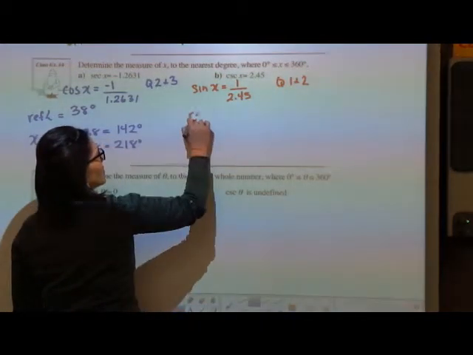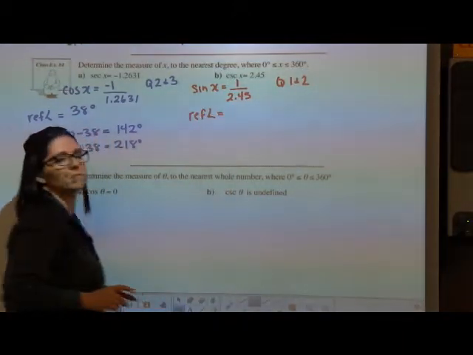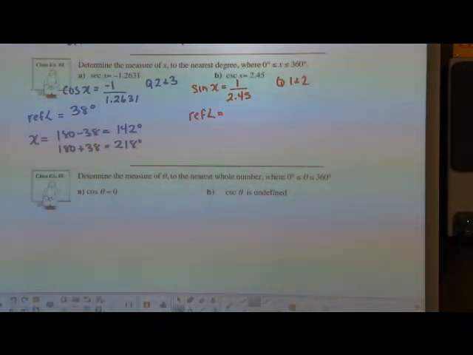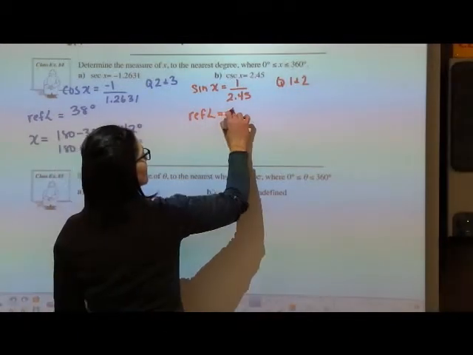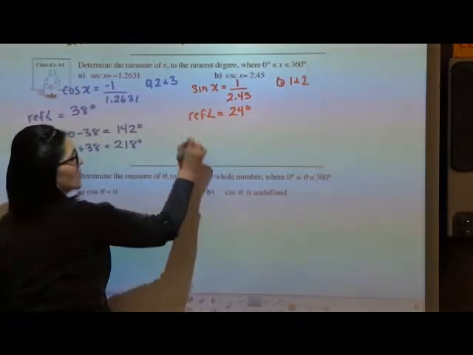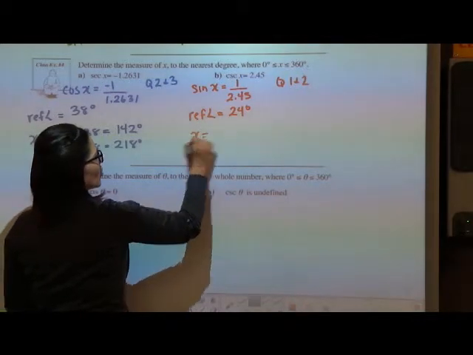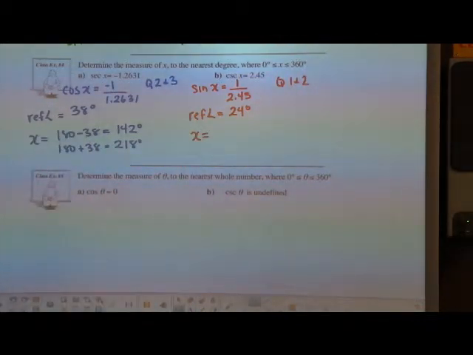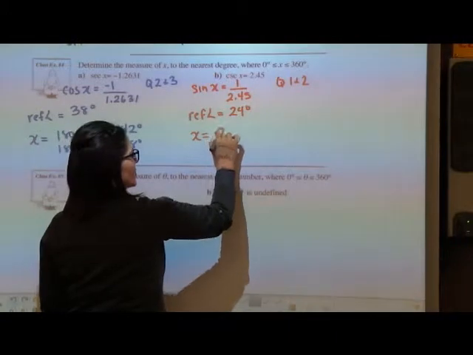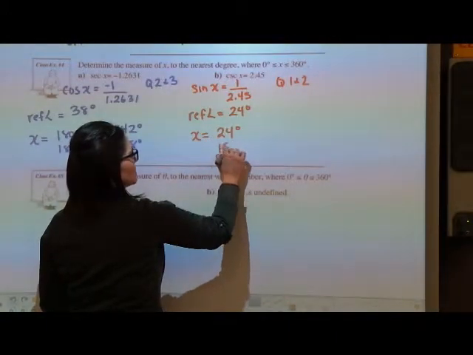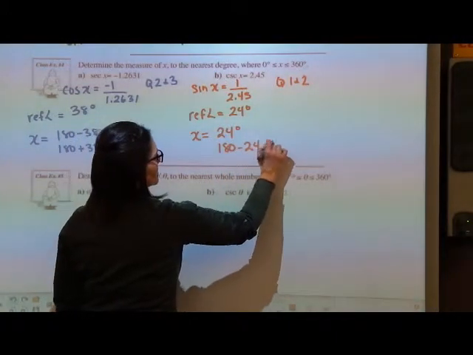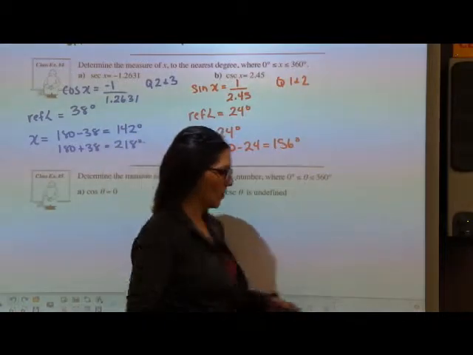My reference angle is what? 24 degrees. So then angle x in quadrant 1 would be 24 degrees, and in quadrant 2, 156, because I would subtract. There we go.